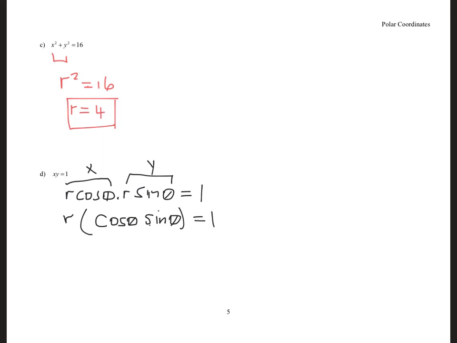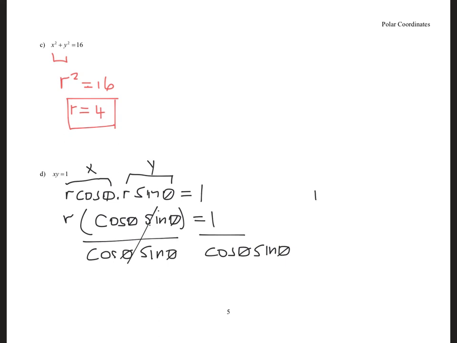Then the next thing I'm going to do, let's divide by cosine of theta sine of theta. So see, this is gone.